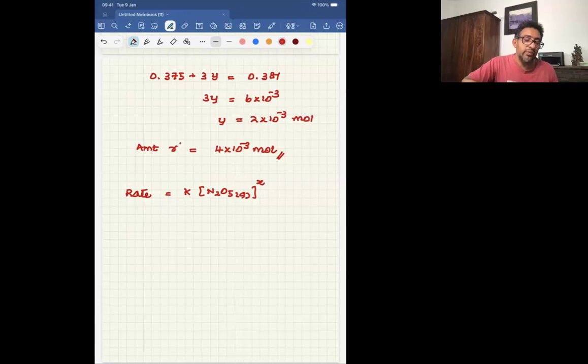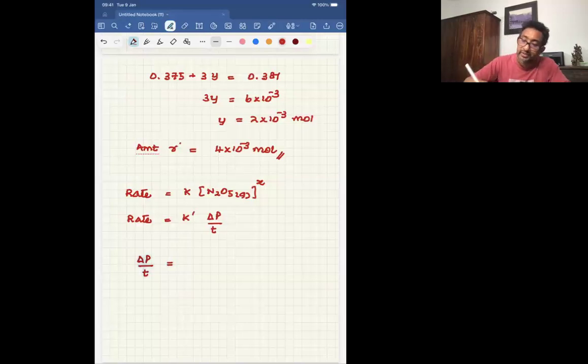Right. Total pressure. Rate is proportional, K dash, to the change in the pressure over time. So you can say change in the pressure over time is equal to K times change in the pressure.